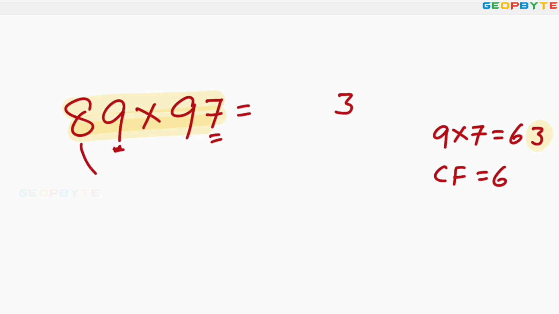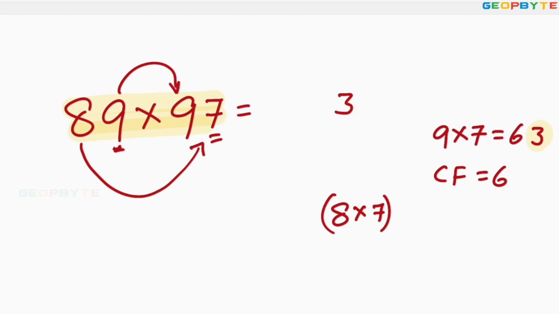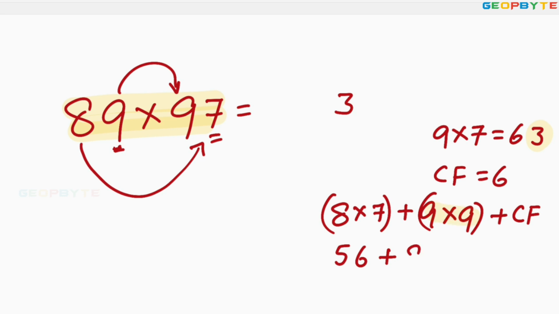Then you multiply 8 and 7, and 9 into 9, add these two values plus carry forward. 8 into 7 equal to 56 plus 9 into 9 is 81 plus carry forward 6.